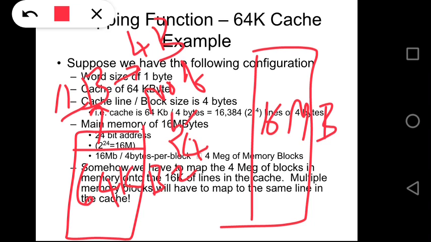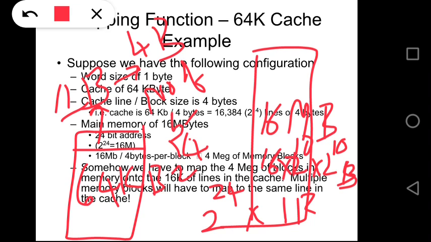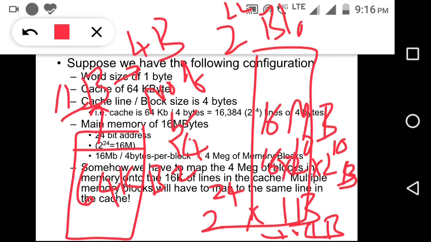How can you understand the 16 MB? 16 MB means 16 into 2 power 10 KB into 2 power 10 bytes. 16 means 2 power 4, so 2 power 24 into 1 byte words. And how many blocks? Divided by 4 into 1 byte, it's 2 power 22 blocks.